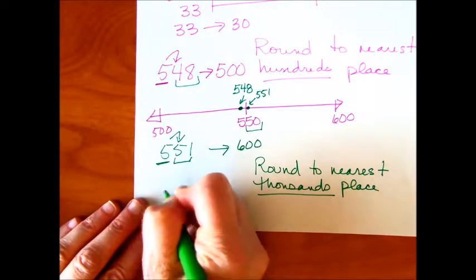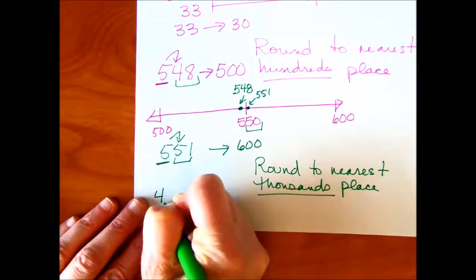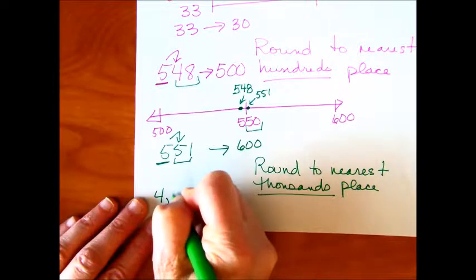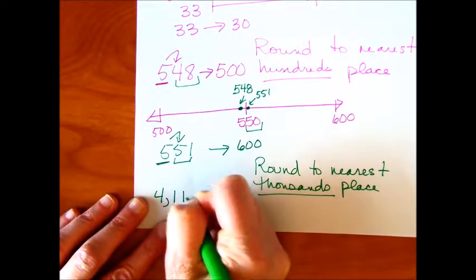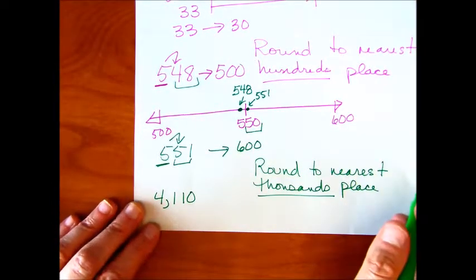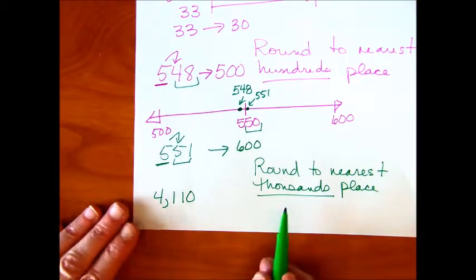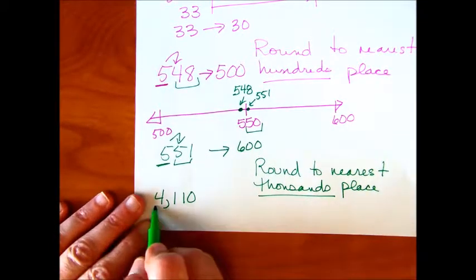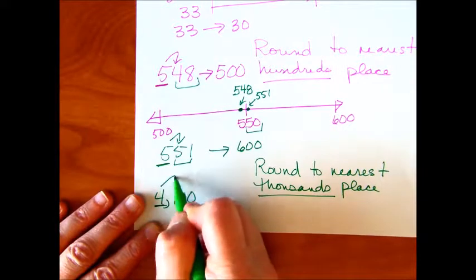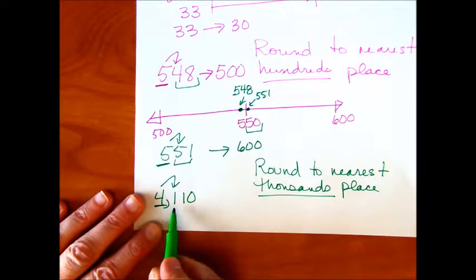Let's say we have 4,110. So first, again, identify the thousands place, that's over here, and then we look to the digit right next door.